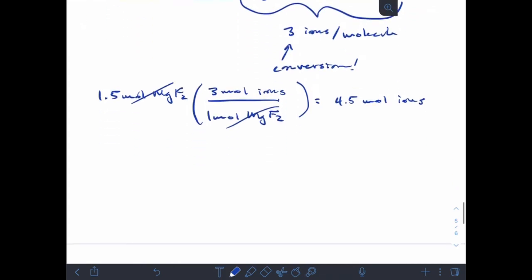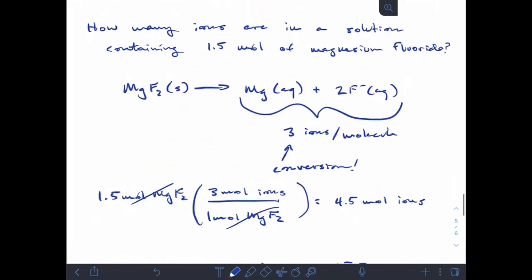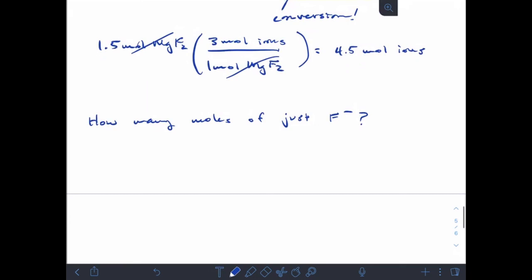So what if I ask the question, how many moles of just fluoride ions? We take a look back up here, and I've got 2 fluoride ions per molecule, so I just apply that ratio.